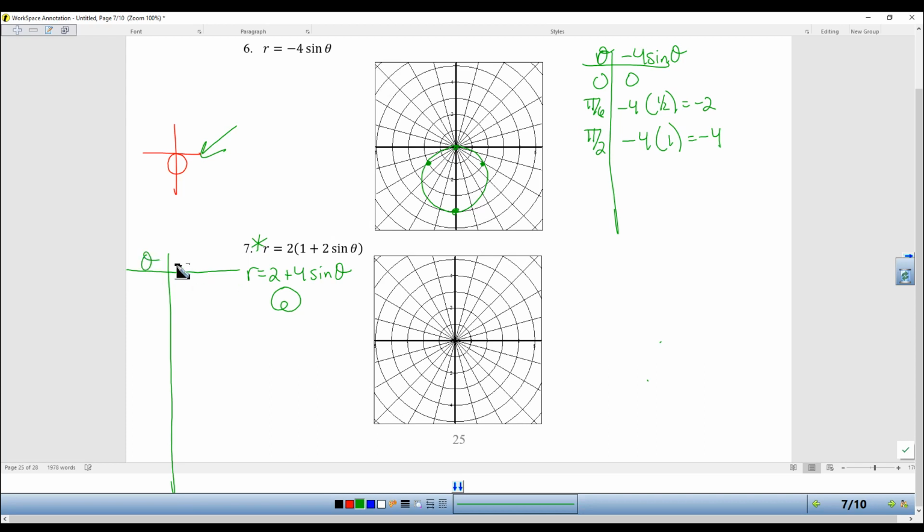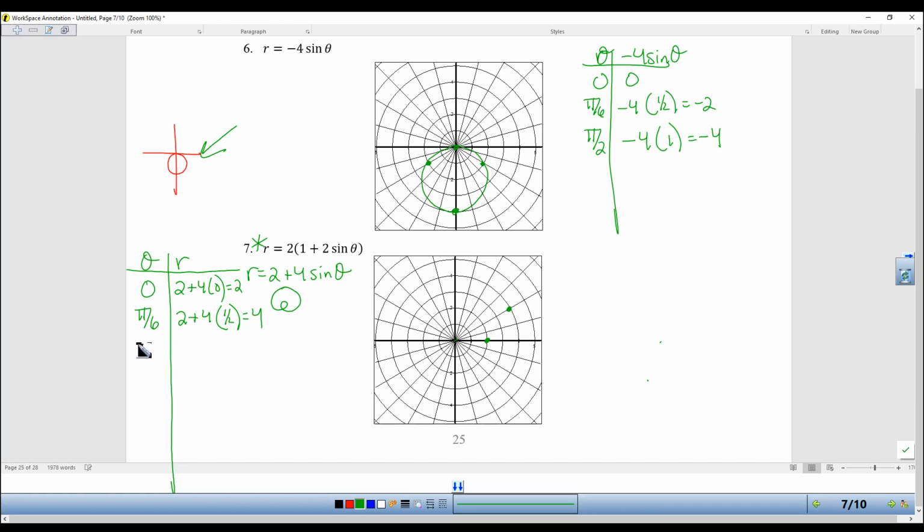So theta and r. I'm going to start with 0, which will give me 2 plus 4 times 0, which is 2. So at 0, I'm going to start at 2. At pi/6, I'm going to do 2 plus 4 times a half, which is going to give me 2 plus 2 is 4. So at pi/6, this is going to go all the way out to 4.